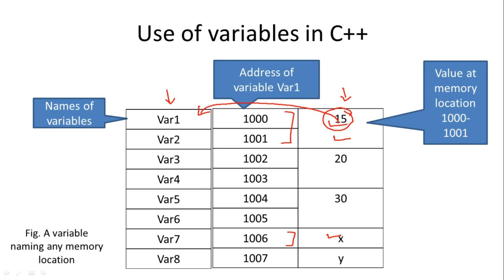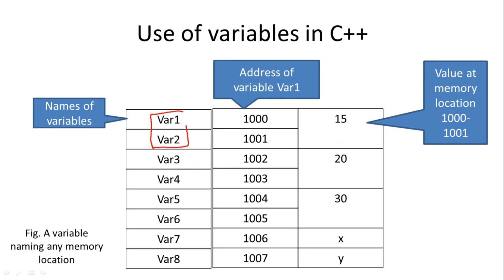Okay, so for example, here var1 is the name given to a memory location, var3 for example is the name given to memory location 1002, like this. So names of variables are what the user uses while accessing these values.